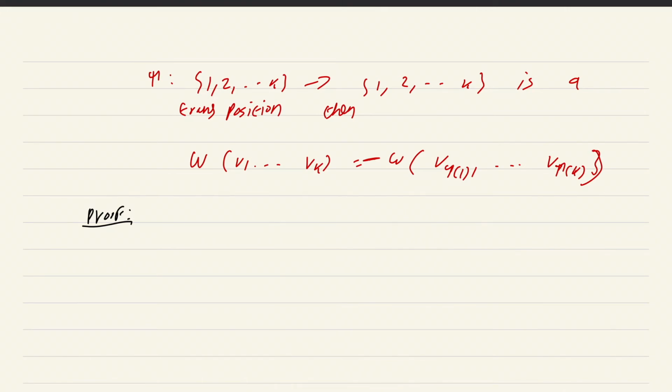So of course, the sign of a transposition is -1.